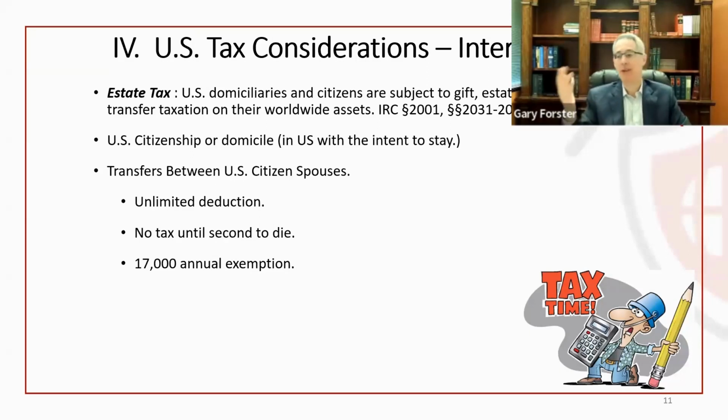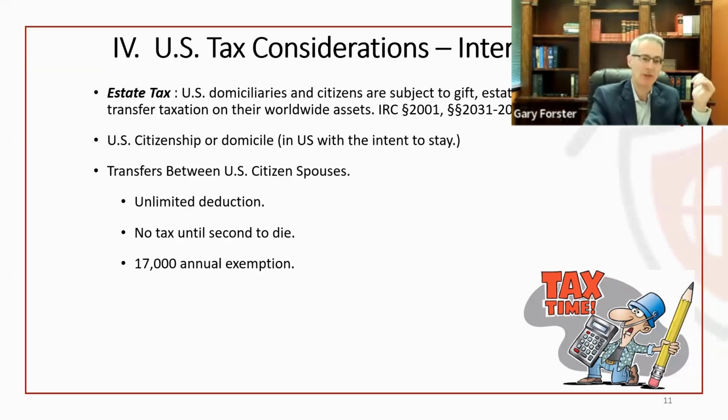Now, some people come in intentionally because they have under the 13 million and they have US situs assets. I'll get to it in a second. They come in intentionally to get the $13 million credit, but that's not true for ultra wealthy people. If you're US, you get the $17,000 annual exemption.